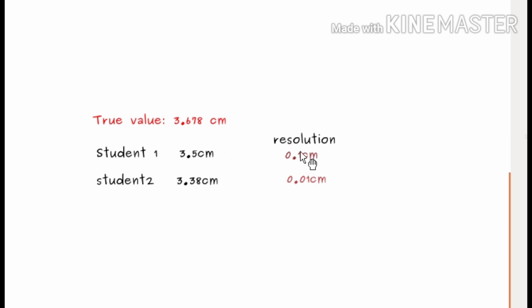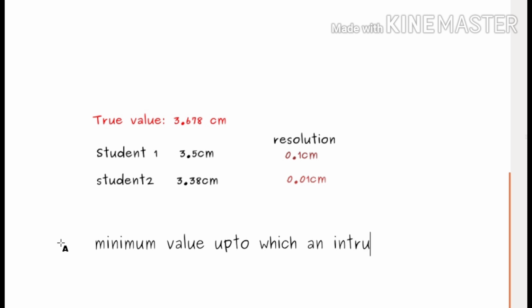So let me write it down. Resolution is the minimum value up to which an instrument can read. This is the minimum value up to which an instrument can read.